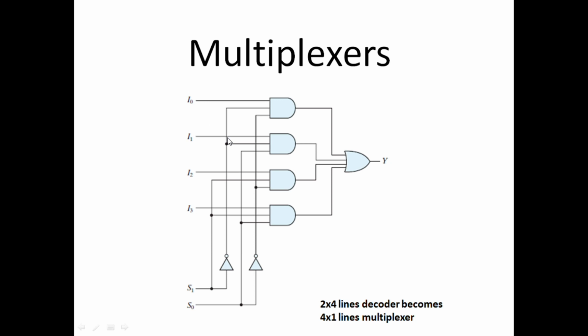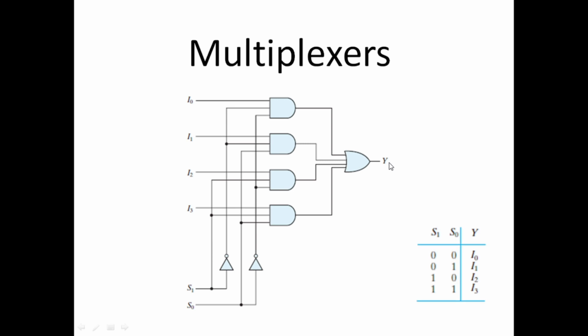So how does it work? You can provide inputs to all or any of these input lines, but these two select lines will decide which input would be shown on the output Y, and this relation can be shown in the truth table as well. S1 and S0 are the two select lines.